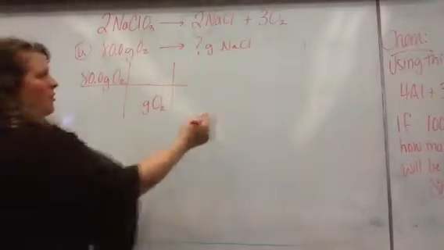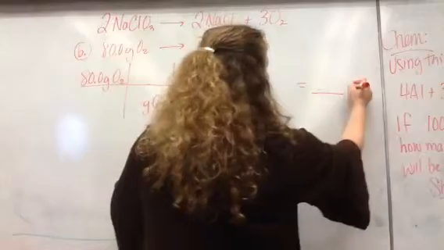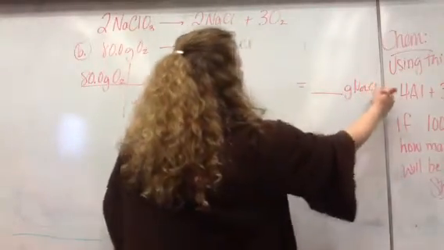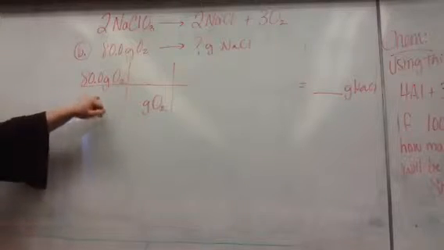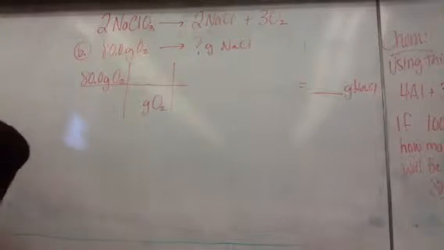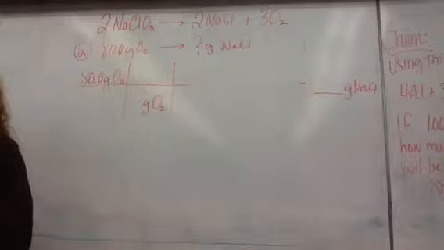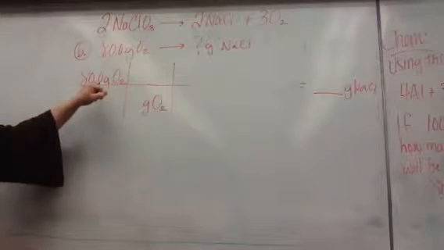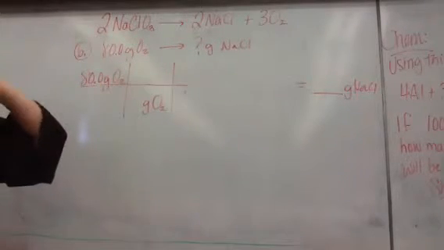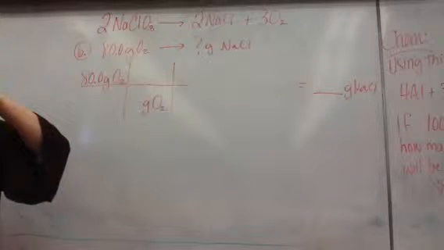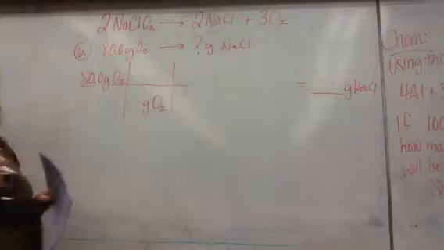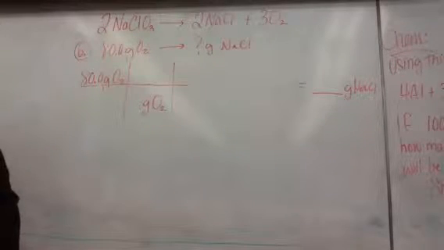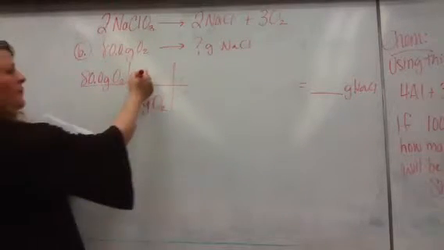Now, we know that we want to end up in grams of sodium chloride. We're starting off in O2. We know somewhere in the middle we're going to have a mole ratio, right? So what do we have to get to from grams of O2 before we can go into that mole ratio? Moles of O2. So what units, what chemical will go up here? Moles of O2.